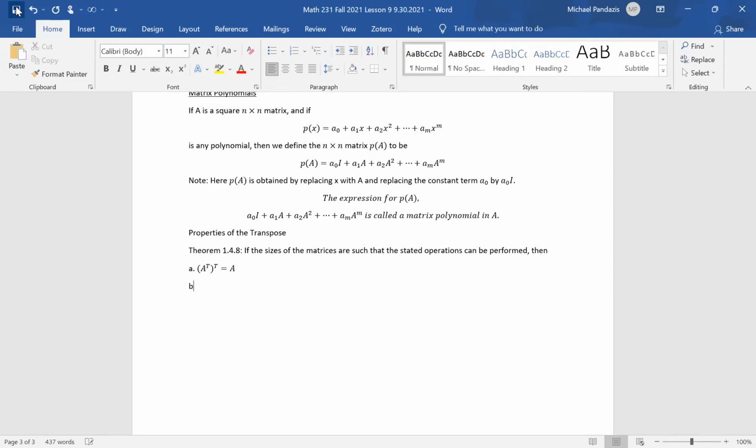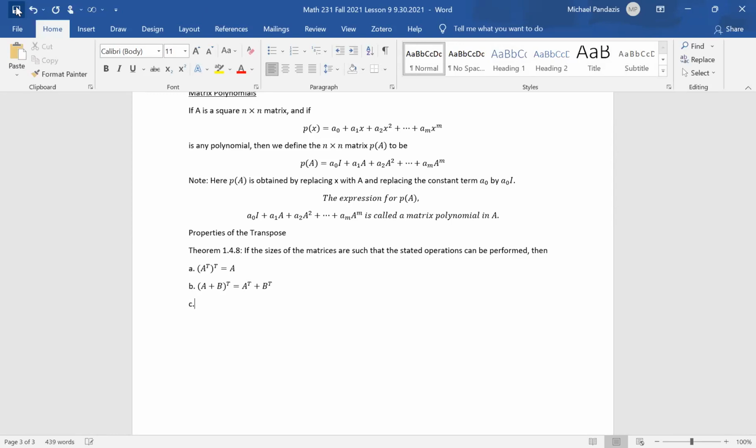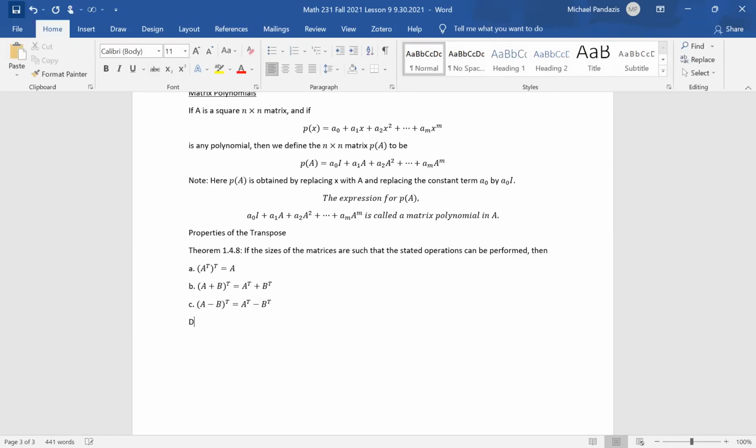B: If you take A plus B and you take its transpose, it's equal to A transpose plus B transpose. C: A minus B transpose is equal to A transpose minus B transpose.